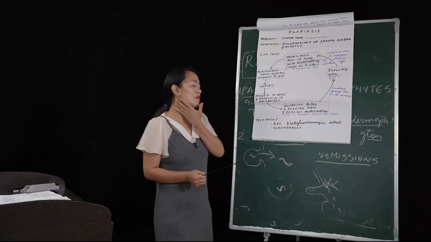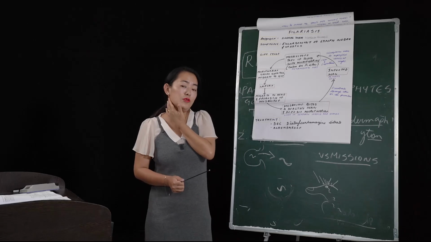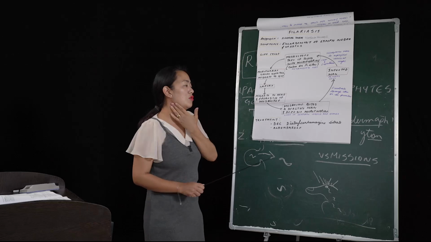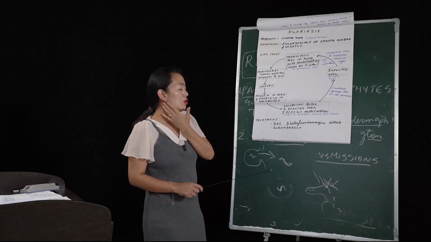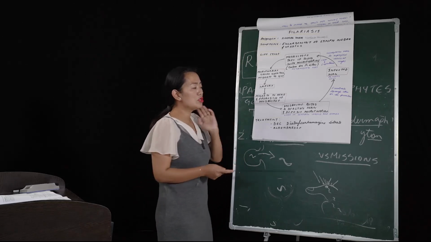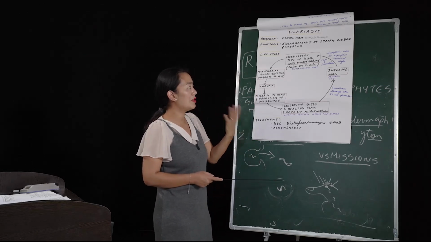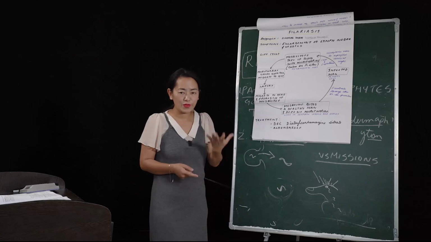What are lymph nodes? Whenever you touch this part, sometimes you'll feel a node. Those are all parts of the lymphatic system where you'll find the lymph nodes. When it reaches the lymph nodes, when there are lots of microfilaria present, then you will start having fever.